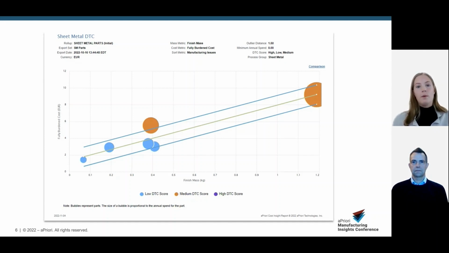So the color of the bubble indicates risk, with a blue bubble meaning it's a lower risk part, and an orange bubble meaning it is a higher risk part. So here we see there's an orange bubble representing a part that is hitting through the outlier distance line. This part is called sheet metal 5, and it looks like it could be a potential outlier.